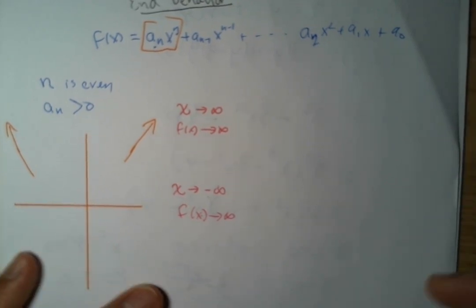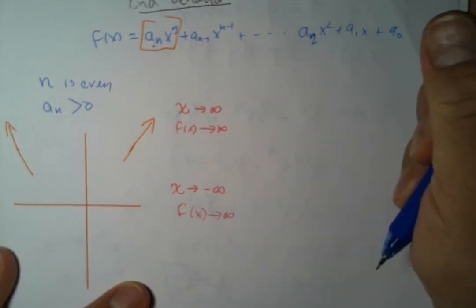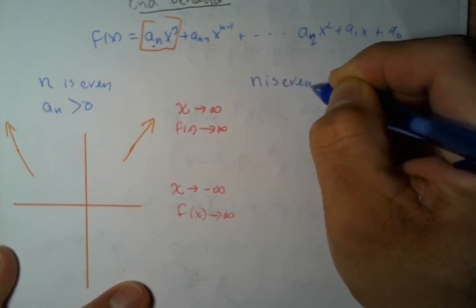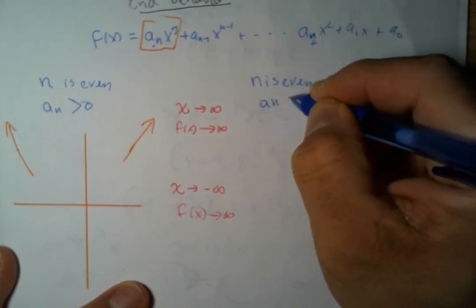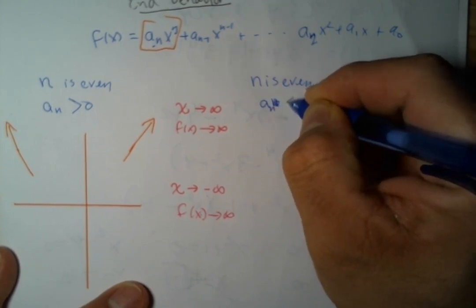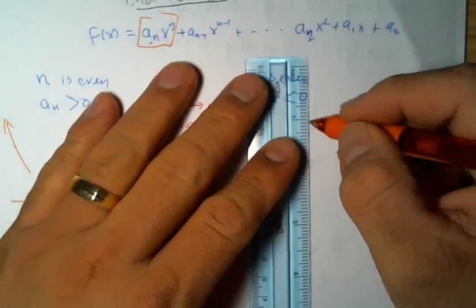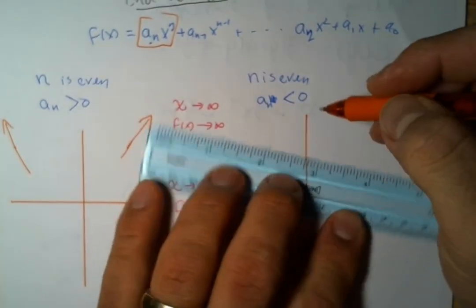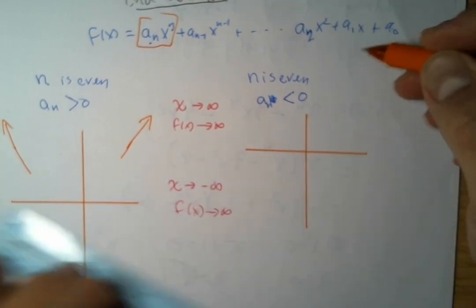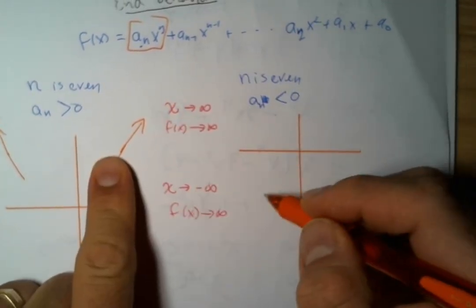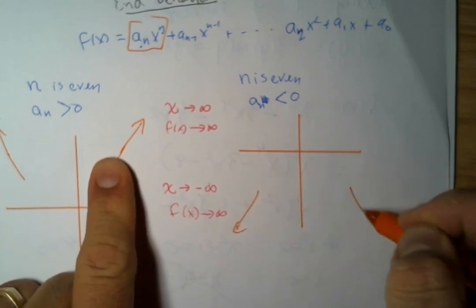So let's look at the case where n is even still, but now a sub n is negative, less than 0. What changes here? Remember that a negative leading coefficient reflects the graph across the x-axis. So what happens here is that we get this case.